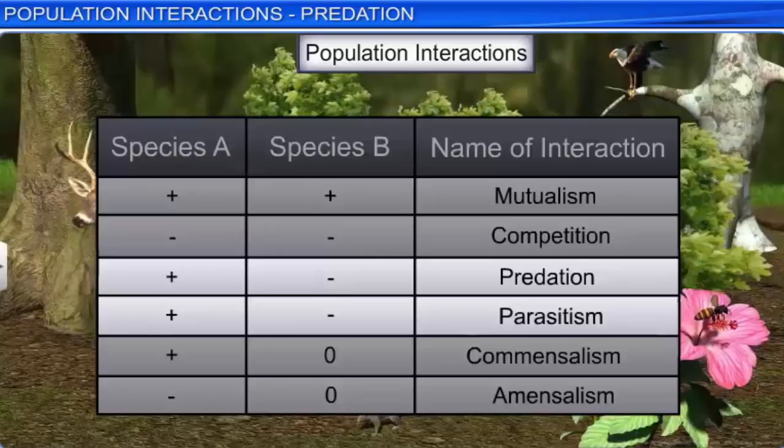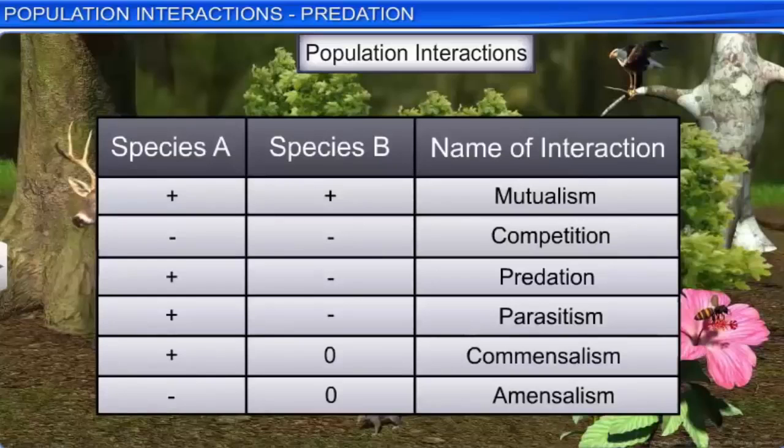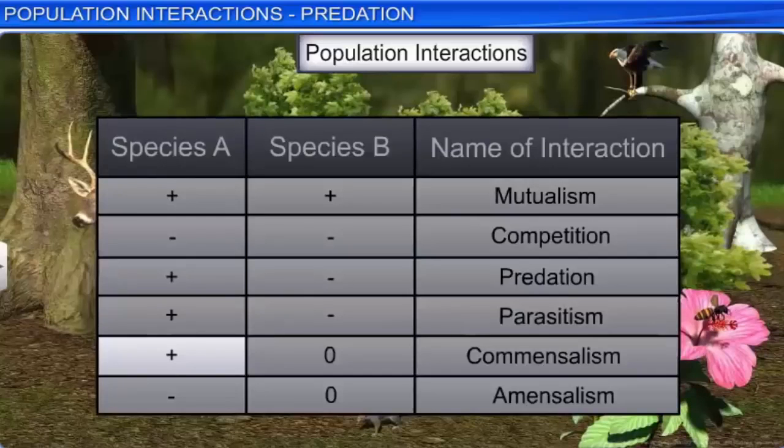However, when interspecific interaction is beneficial to one species and neutral to the other, the interaction is known as commensalism. On the other hand, if one species is harmed and the other is unaffected, the interaction is known as amensalism.